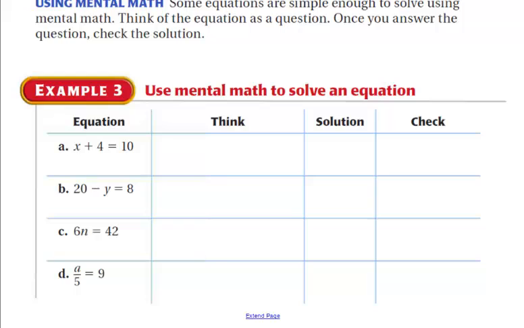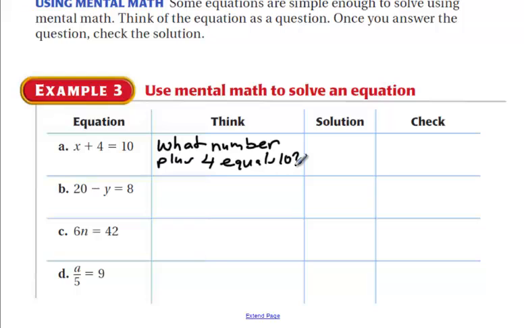In this example, we have to think mentally. When you look at the first example, we are adding a number with 4 and getting 10. So how can we think mentally? We have to write what we're thinking here: what number plus 4 equals 10?